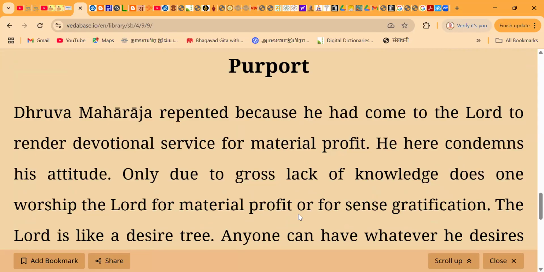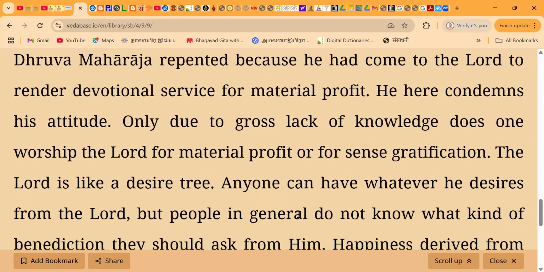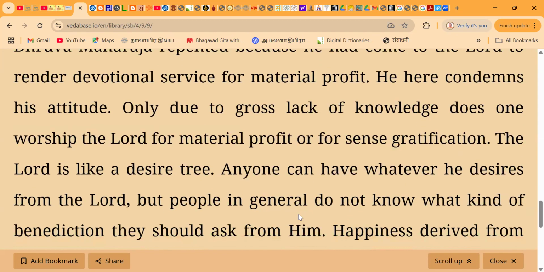Only due to gross lack of knowledge does one worship the Lord for material profit or for sense gratification. The Lord is like a desire tree. Anyone can have whatever he desires from the Lord, but people in general do not know what kind of benediction they should ask from Him.